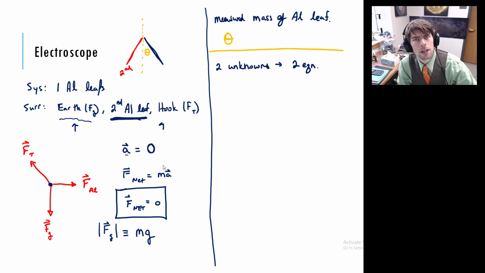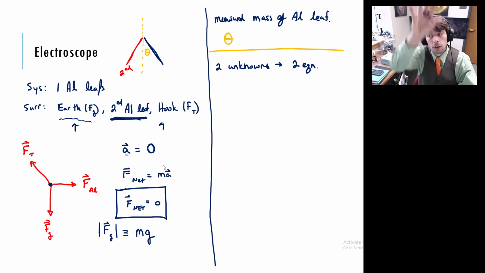Where are we going to get our equations from? Yeah, good. Don't forget the force is a vector, and therefore I can break that vector into individual components, and looking at each of the individual components, that is to say the x direction, the y direction, the z direction.